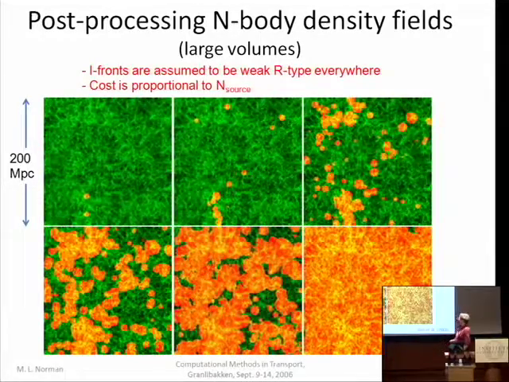Of course, the universe is expanding, so exactly whether it slows down or speeds up is what needs to be calculated. The other thing I would point out is that the cost of doing this is proportional to the number of sources, because you have to have these adaptive rays going out from every single source. And so this obviously scales with the number of sources.